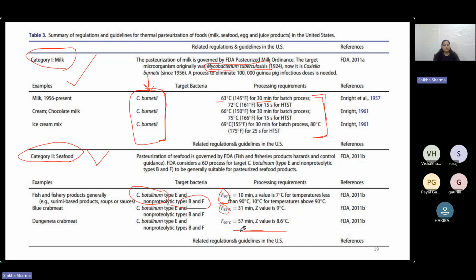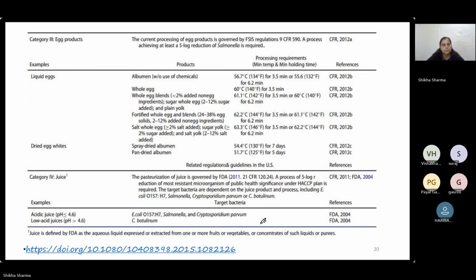They consider a Z value of 8.6. So all these counts will be considered based on the Z values, F values and D values.